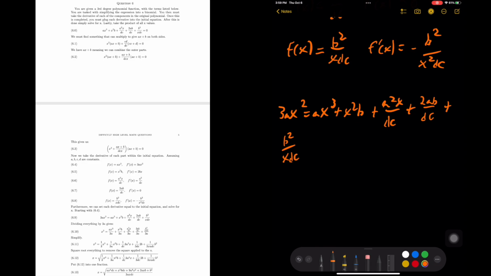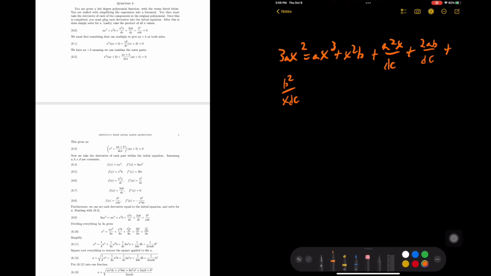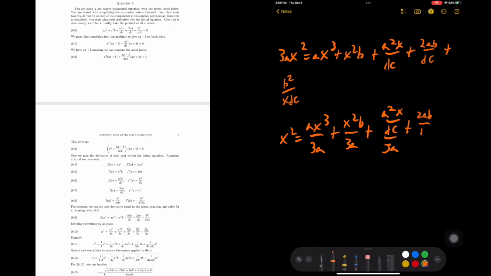I would start by dividing everything by 3a, and that's exactly what I'm going to showcase here. So dividing all of that by 3a will give you x squared is equal to ax cubed over 3a plus x squared b over 3a plus a squared x over dc over 3a plus 2ab over dc over 3a plus b squared over x dc over 3a.